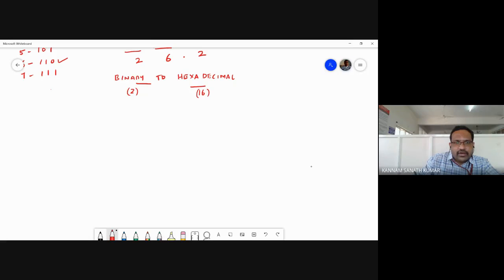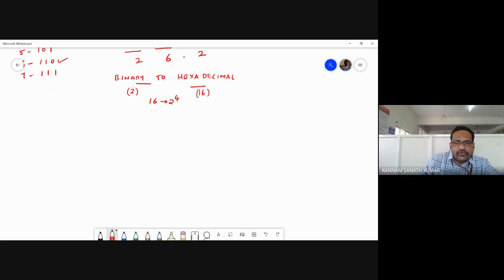So how can you represent 16 in terms of binary? 2 power 4. That means 4 bits. By grouping 4 bits, you can convert the given binary value to hexadecimal.